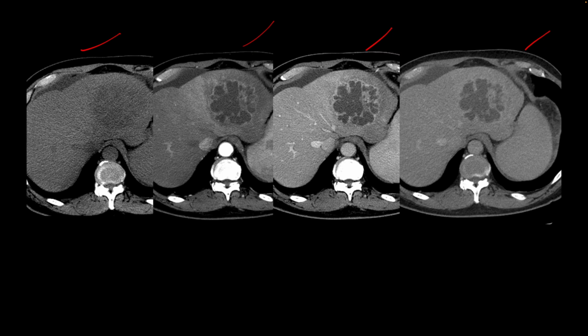And on the portal venous phase, we see this very large multiloculated hypodensity with thick, irregular, enhancing walls and some incomplete septations. And these findings are very characteristic of an abscess. They were treated with antibiotics, and a percutaneous catheter was placed inside this abscess to drain the pus.